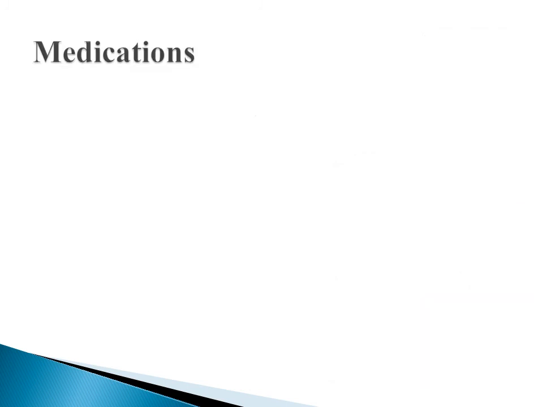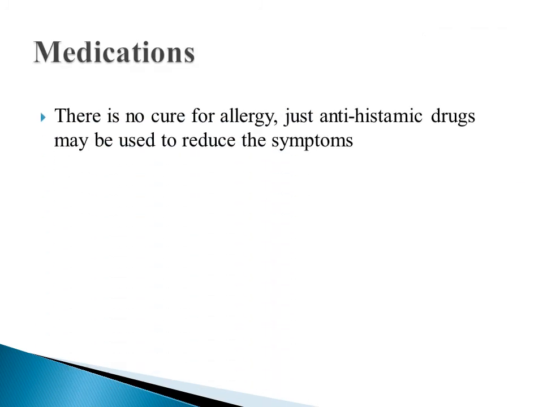What about medications? There is no cure for allergy, just antihistamine drugs may be used to reduce the symptoms. This means that antihistamine drugs may be used to reduce the effect of histamine and the symptoms resulting from the release of histamine.